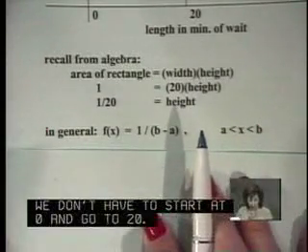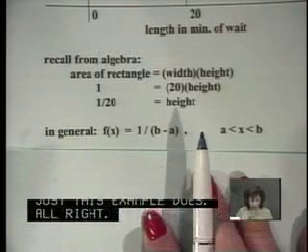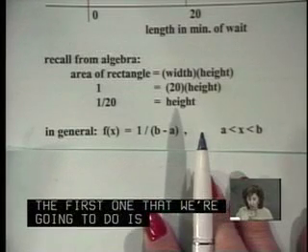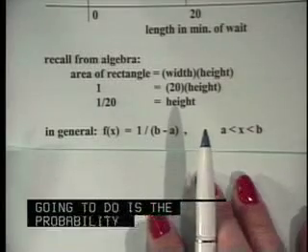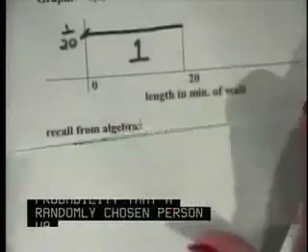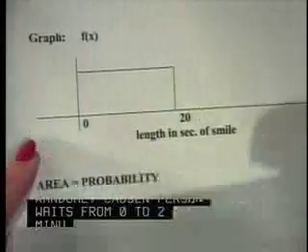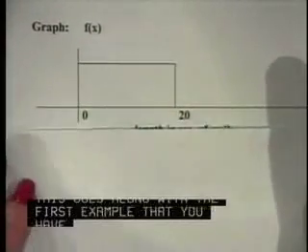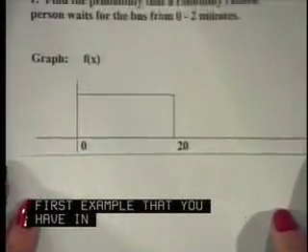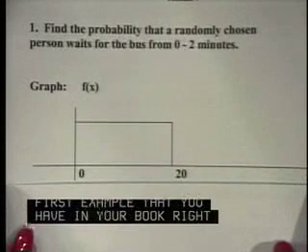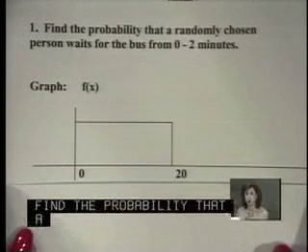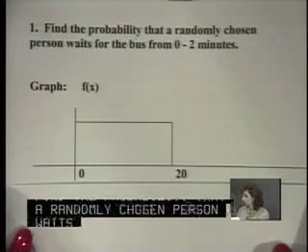All right, the first one that I'm going to do is the probability that a randomly chosen person waits from 0 to 2 minutes. So this goes along with the first example that you have in your book right here. Find the probability that a randomly chosen person waits from 0 to 2 minutes.